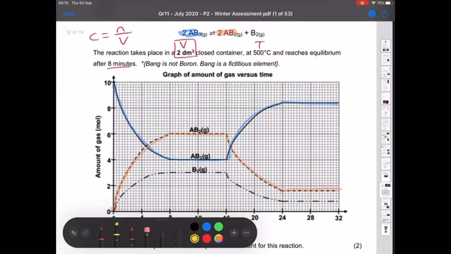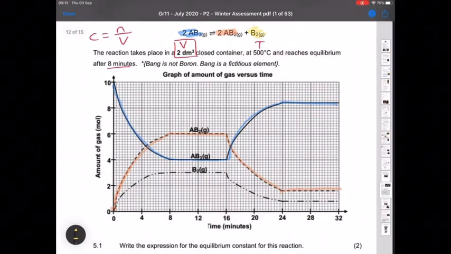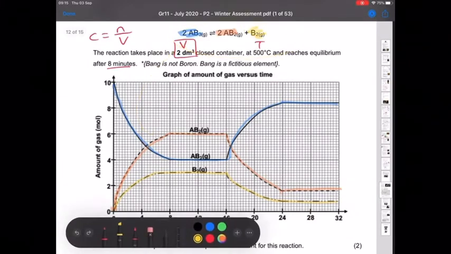And in yellow we can do the last one, which is B2. So by doing it in color and highlighting the same reactants or products on your chemical equation, it helps you to relate the chemical equation to the graph.